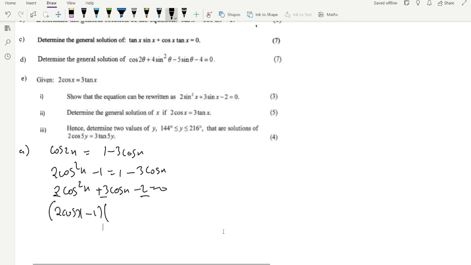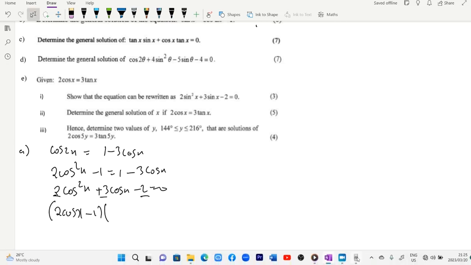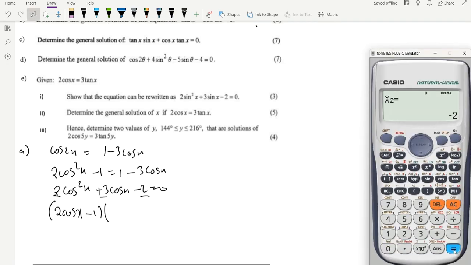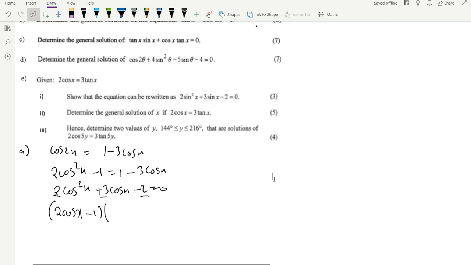Okay, go back to your calculator again. Press another equal sign. It's minus 2. It means it is cos x plus 2 equal to 0. Okay, then conclude now. It means we have cos x equal to 1 over 2 or cos x equal to minus 2.